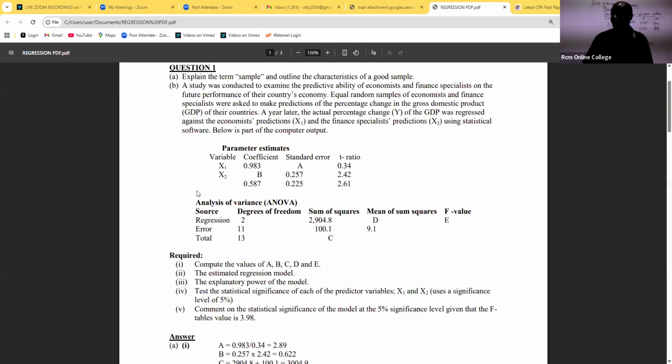So we come here and now go to the second table. The second table is actually the gist of today's session. They have given me analysis of variance. We have source, regression, error, total. We have degrees of freedom, sum of squares, mean sum of squares, then the F value.